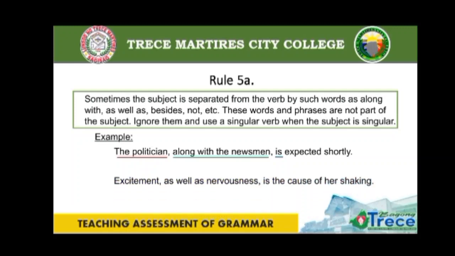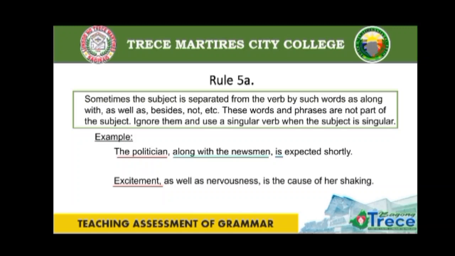So, next example here, we have: excitement as well as nervousness is the cause of her shaking. Same as example number 1. Our nouns here are excitement and nervousness, but the only one considered as the subject is excitement.